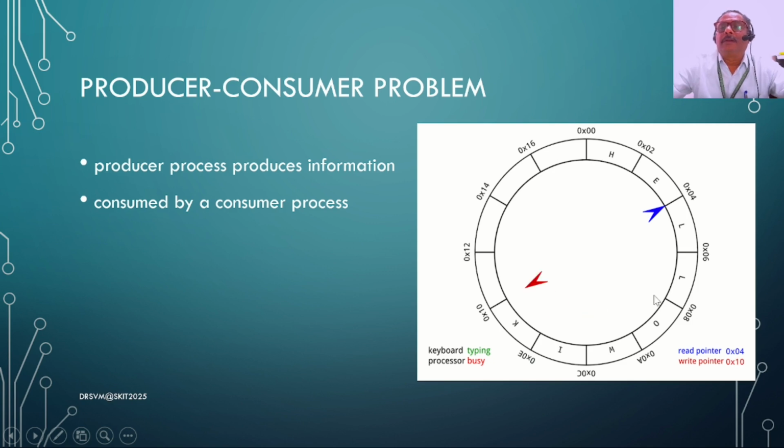So that way it goes round. You can see that with only 12 slots the whole message is being transmitted, irrespective of the size of the message. Even if the message size is bigger than 12, it is able to do that.